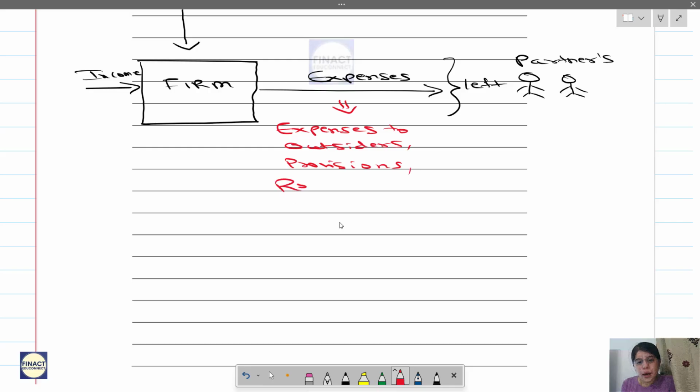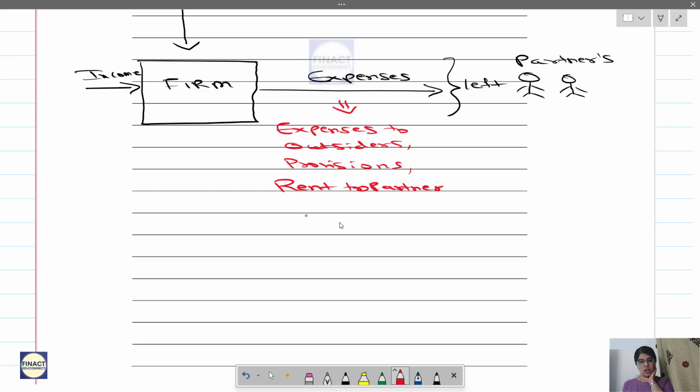then rent to partner. Rent to partner is also an expense. You don't have an option to not pay rent to the partner. Rent to partner is not a distribution of profit, because the partner has given you that land, that office premises or land, on a lease, and the firm has to give rent to the partner.